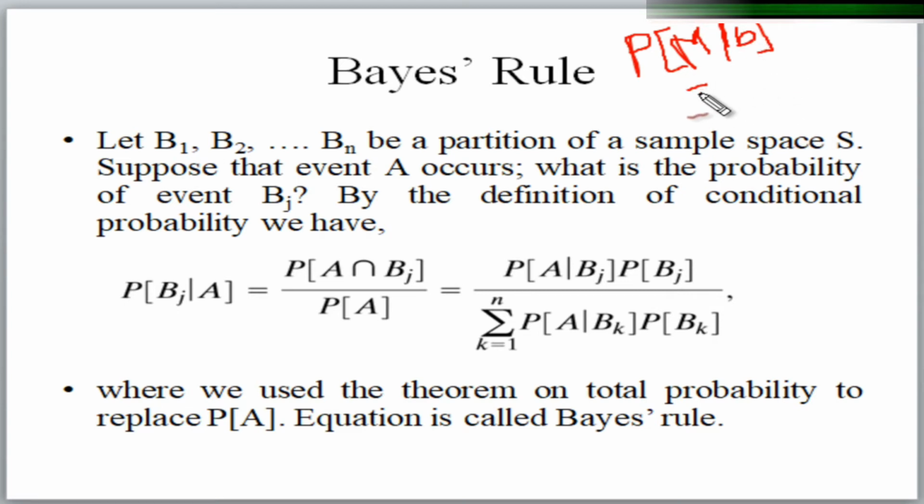How can it be written? It can be written as the probability that we have a male, and what are the chances that he will have a breast cancer.